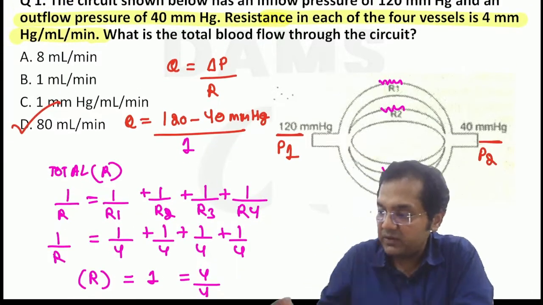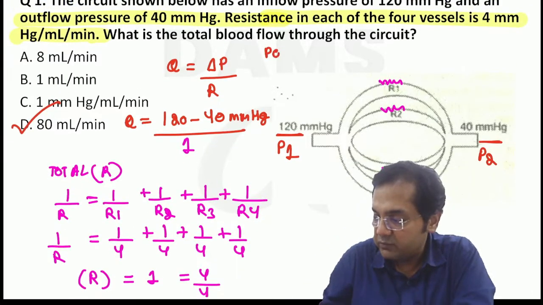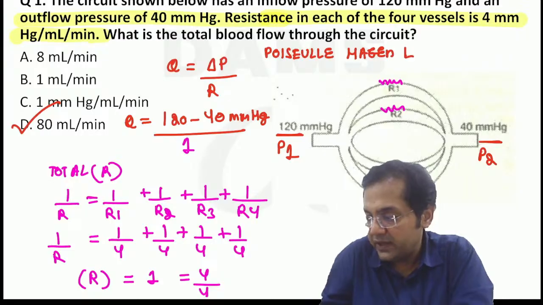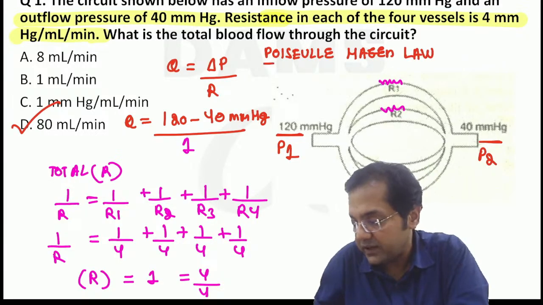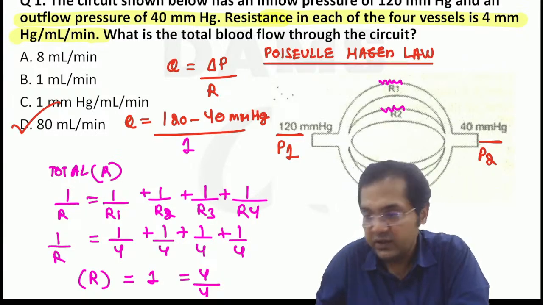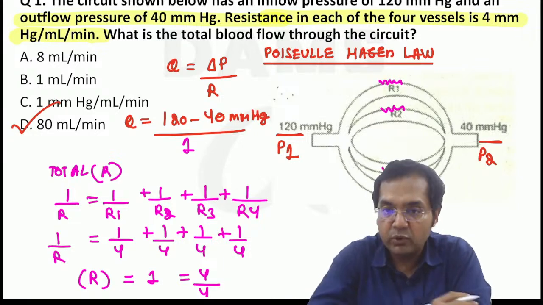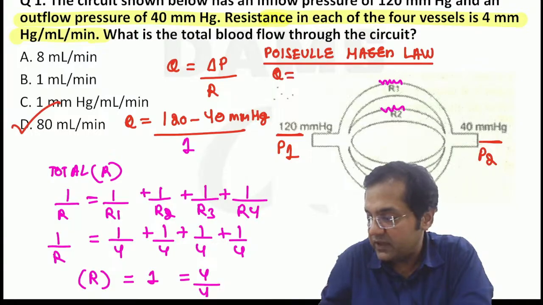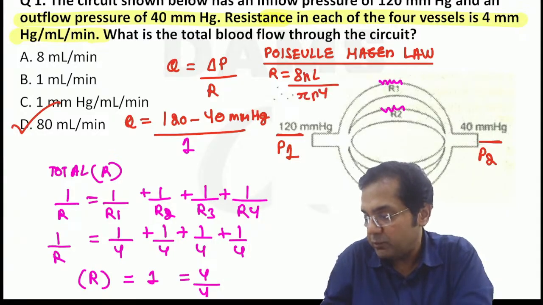Remember, this is based on which equation? This is based on the Poiseuille-Hagen law. One numerical based question is expected in the exam every year from this. So it is a must know for NEET PG students as well as FMG. Remember, Q is equal to delta P upon R, but it can also be written like this: R is equal to 8 eta L upon pi R4.